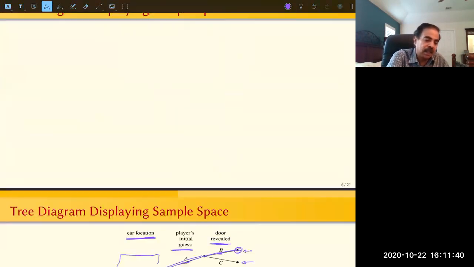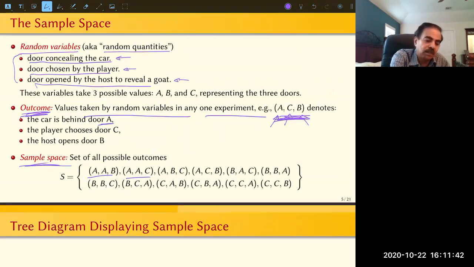Because remember, the first position in the outcome is telling you where the car is. So all we have done is gone through the space of all possible outcomes and picked those that have C in the first place.